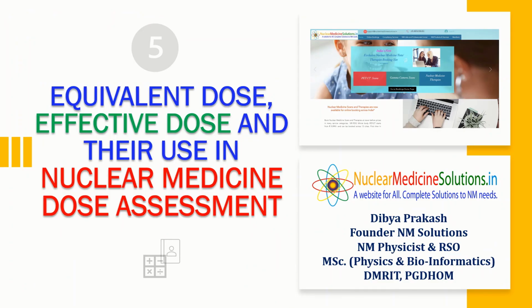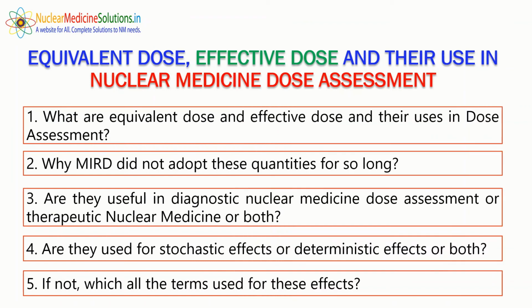In the next presentation, we are going to see equivalent dose and effective dose and their use in nuclear medicine dose assessment, where we'll find the answers to questions: what are equivalent dose and effective dose and their use in dose assessment, and why did MIRD not adopt these quantities for so long? They have adopted them in 2009, so why did they not adopt them till 2009?